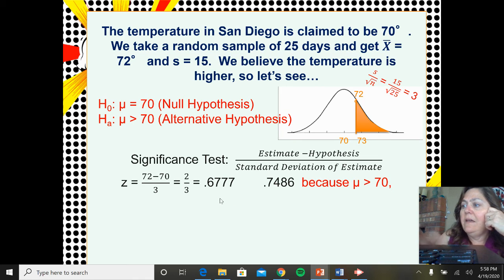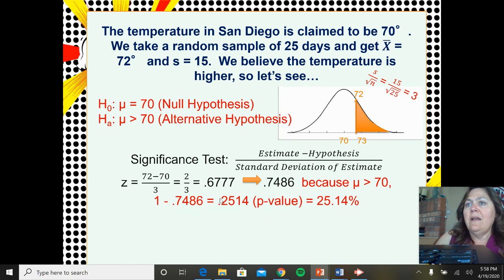And then we get a Z statistic of 0.6777. And when you go to the table, that goes to 0.7486. Oh, dear goodness, right? Okay. We're doing the greater than 70 thing there. And because we're going right-tailed, we're going to have to do 1 minus that, right, to get the right tail.